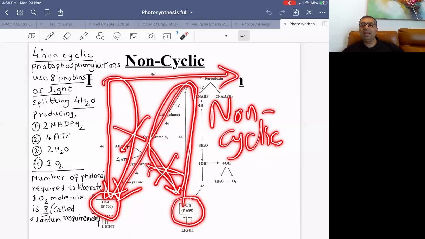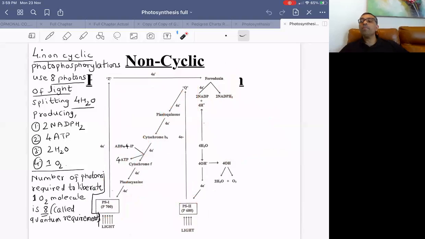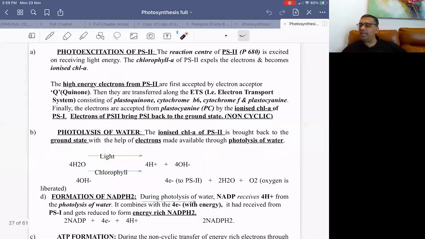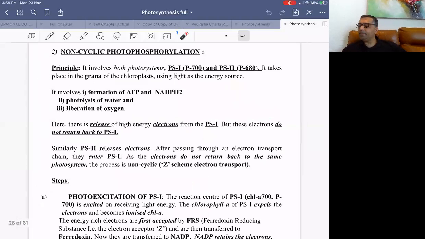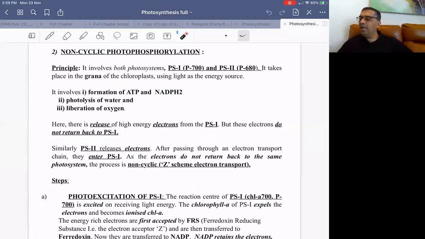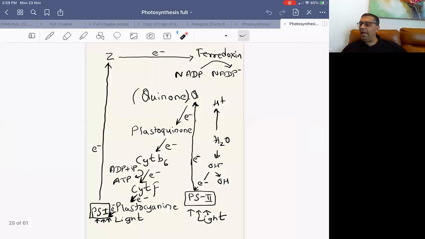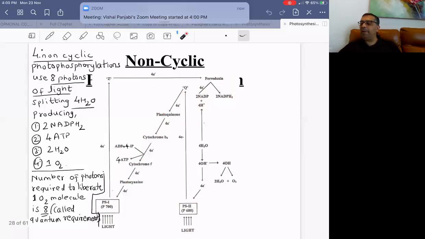So the process is non-cyclic photophosphorylation. चलिए, beautiful process, इसको समझते हैं. सबसे पहले what are the steps involved? तो सर ध्यान से, सबसे पहले how does this process take place? Just a second.